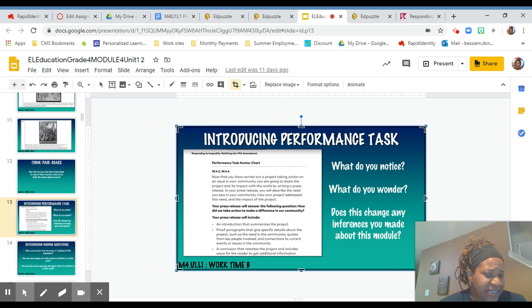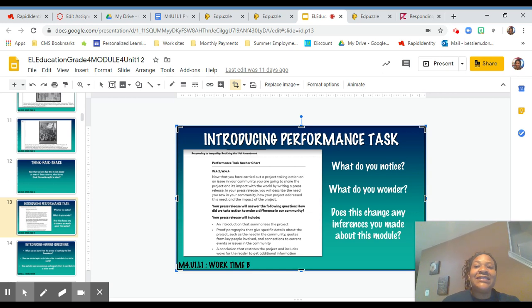What are you wondering? And we will come back to that, but just have those thoughts in your mind. As usual, when we get ready to do our performance task, we talk about it at the beginning, and everything that we do leads up to that performance task.